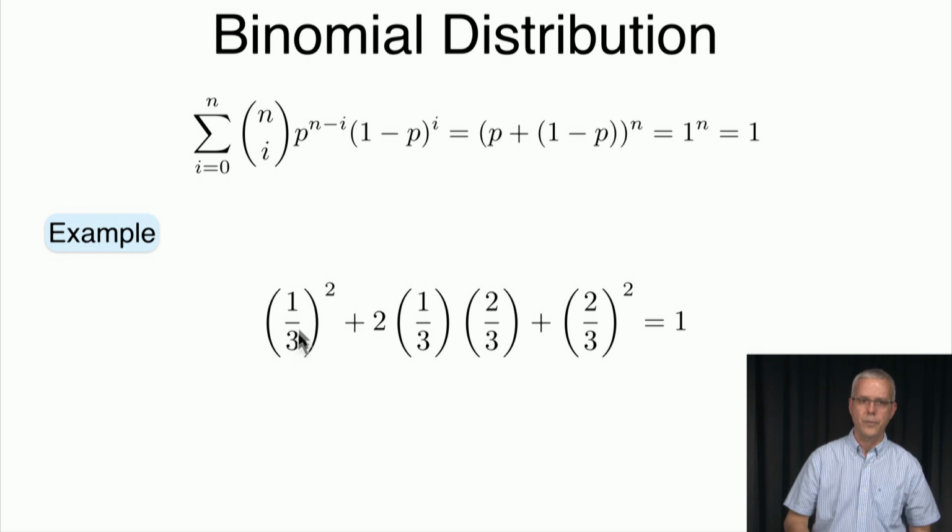So we get that this summation is going to be equal to 1, right? Because in this case it's 2 choose 0 times 1/3 squared times 2/3 to the 0, plus 2 choose 1, which is 2, times 1/3 times 2/3, plus 2 choose 2, which is 1, times 1/3 to the 0 times 2/3 to the 2. Okay, and that's going to be equal to 1.